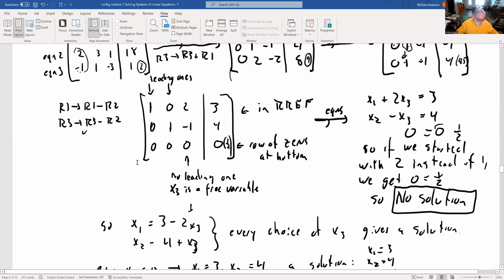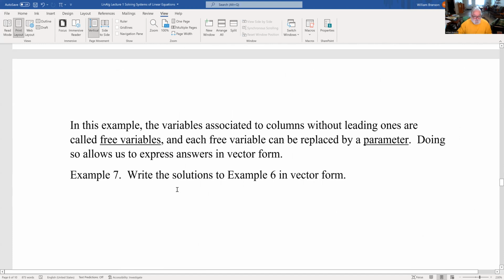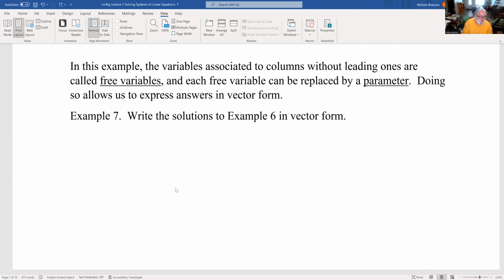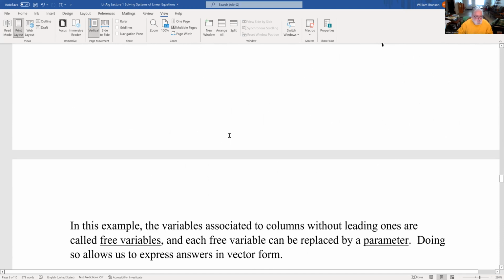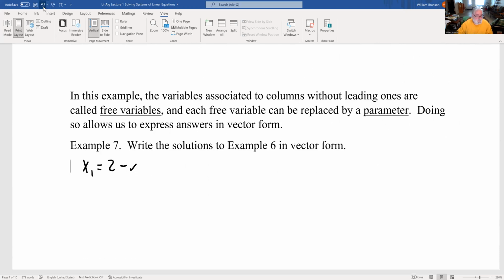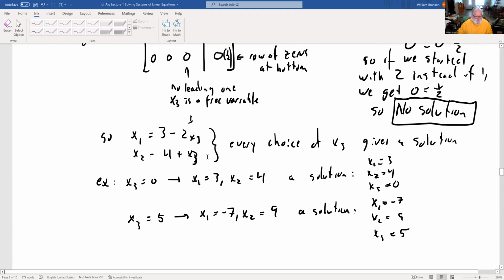So we have X1 equals 3 minus 2X3. And X2 was equal to 4 plus X3.